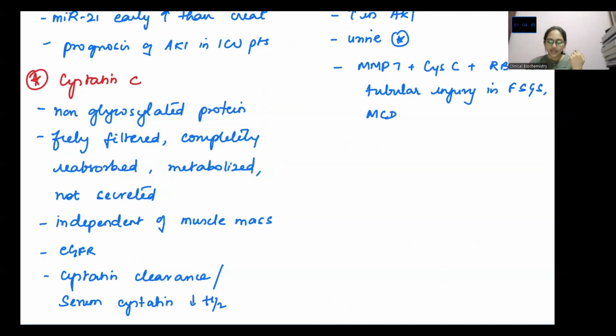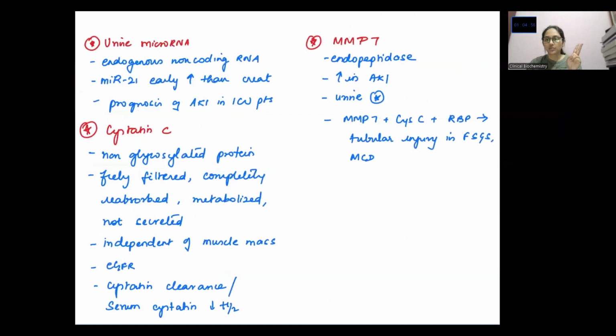You can also calculate EGFR using cystatin C, and we can do the cystatin clearance test as well. The serum cystatin half-life is much less compared to that of creatinine. That's what tells the use of serum cystatin C in AKI. So this cystatin C is being used.